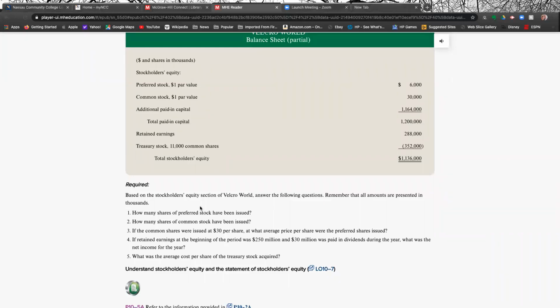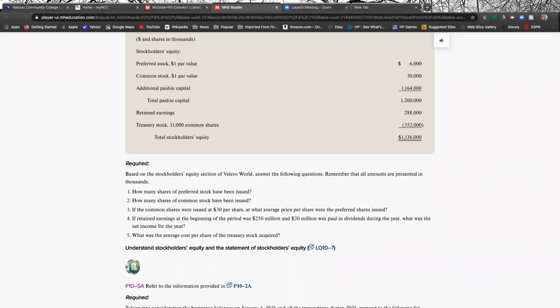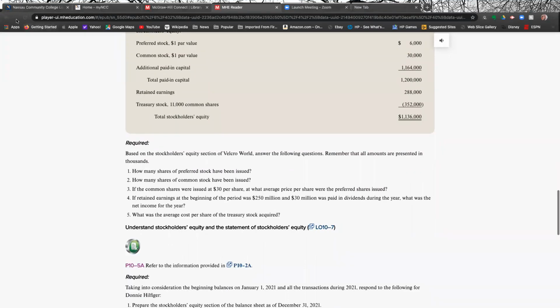So the first two questions: how many shares have been issued? How many preferred? How many common? So let's make the screen a little bit smaller.